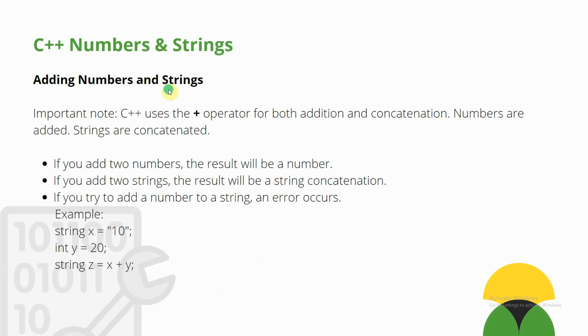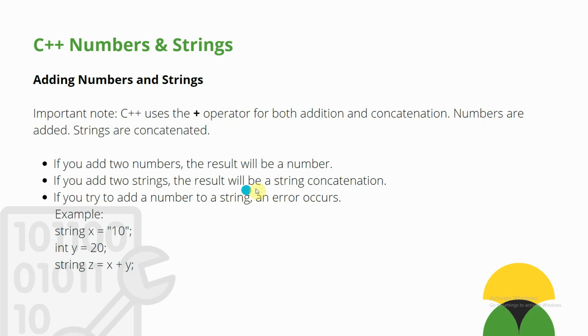Now, adding numbers and strings. Note that the plus operator is not only for concatenation but is also used as arithmetic addition. The numbers are added if numbers are declared, but if strings are declared, then they are concatenated. If you add two numbers, the result will be a number.